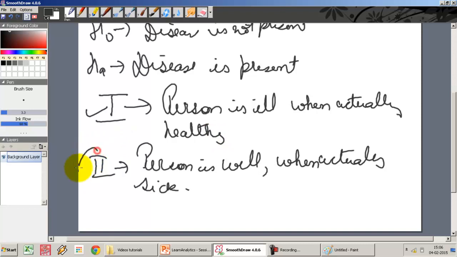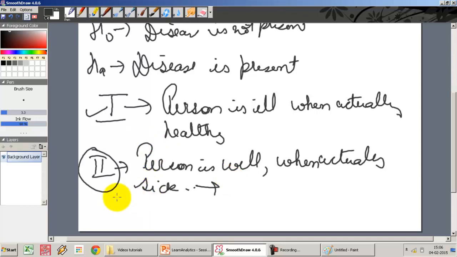What happens when I commit a type 2 error? A sick person who actually has the Ebola virus walks in, we do a test, and we say, hey, all's well, go home. Not only will this person fall sick, the person might die. This person might also go on to infect a few healthy people, which might have been prevented if we had tested correctly.